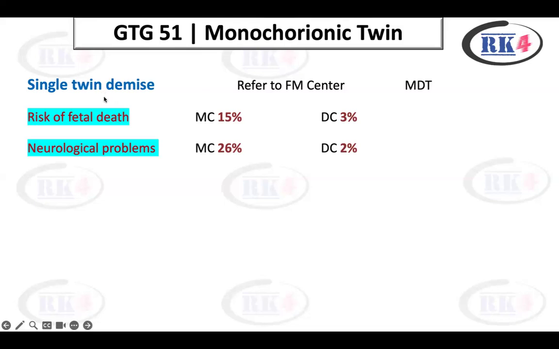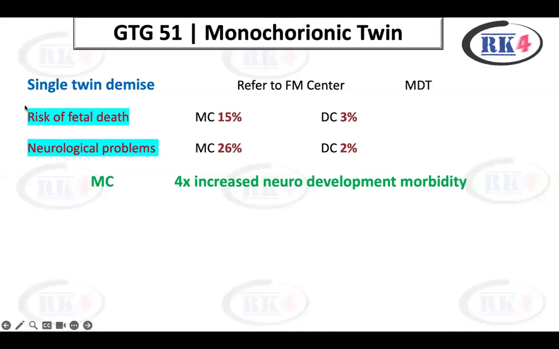I mean, if one baby dies, the surviving baby has a 26% chance of neurological problems. And in the dichorionic, it's just 2%. So monochorionic twin pregnancies have a 4 times increased risk of neurodevelopmental morbidity. Potential single best answer.